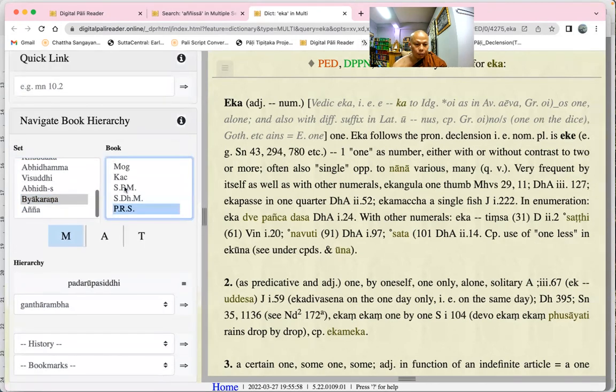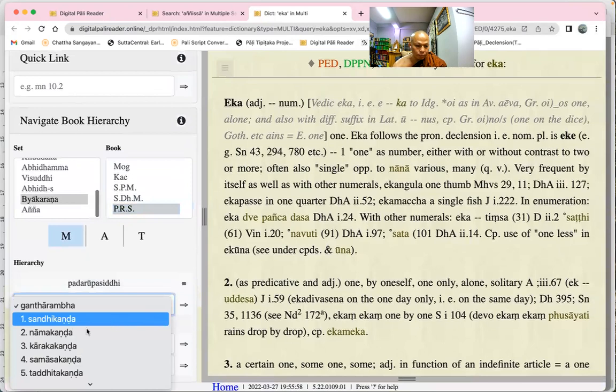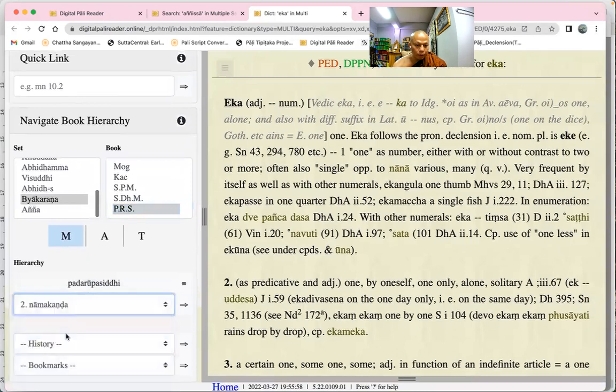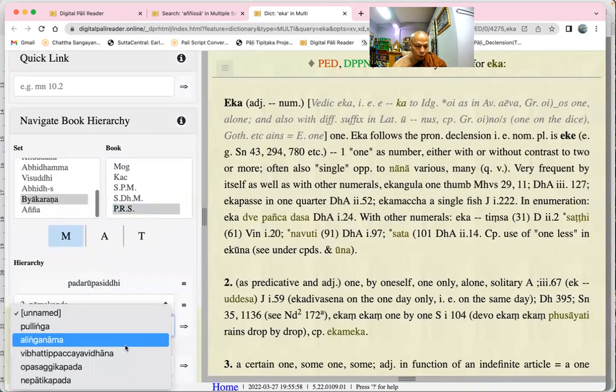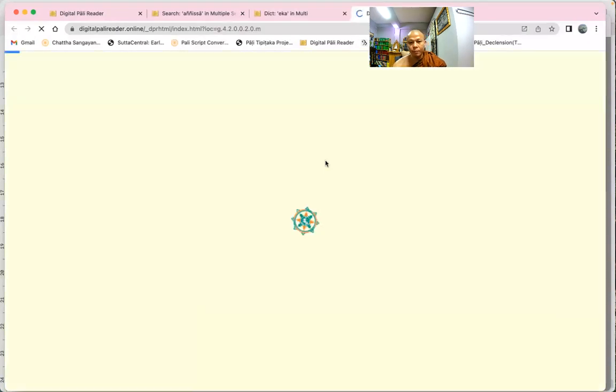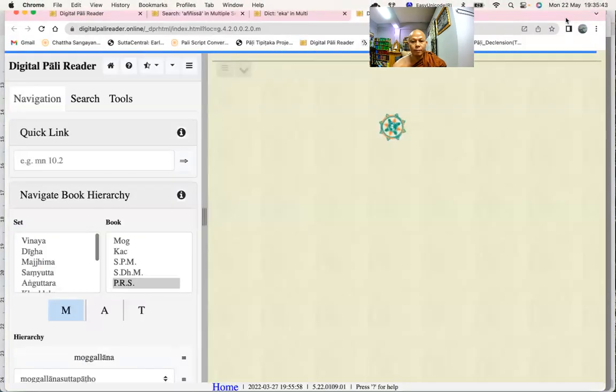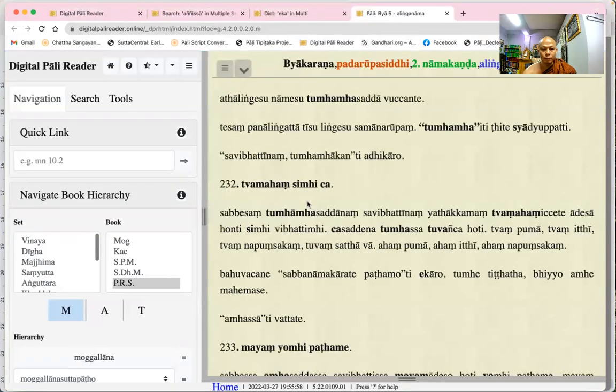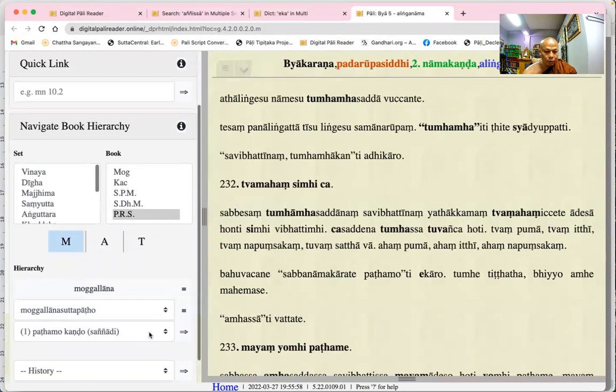So here, Badaruba Seti, at the Nama chapter, Olenga, Alenga, Nebadika, maybe under the Alenga. Sorry, not that way.